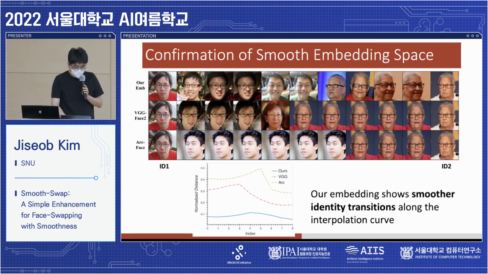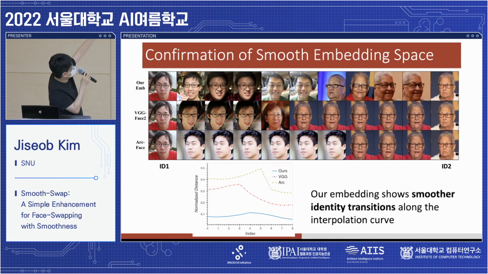And we also confirmed the smoothness of the newly trained embedding by running some interpolation experiments. The leftmost and the rightmost are the actual images from two different identities. And we interpolate these two identities in different embedding spaces.